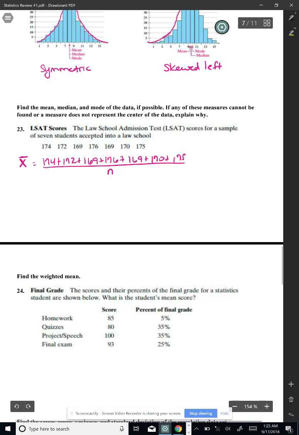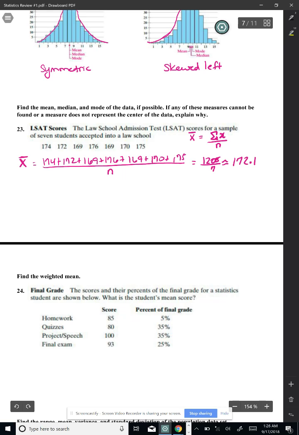So the formula I'm using here, which you'll want to have written on your formula card, is the sum of the X values, or the entries, divided by the number in the sample. So when you add these up, you get 1,205 divided by 7, and that's approximately 172.1.